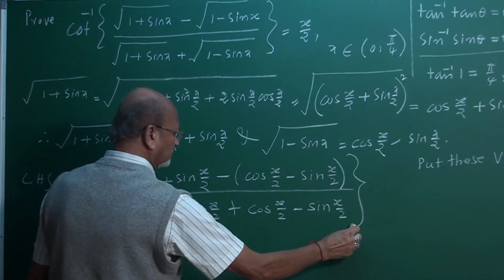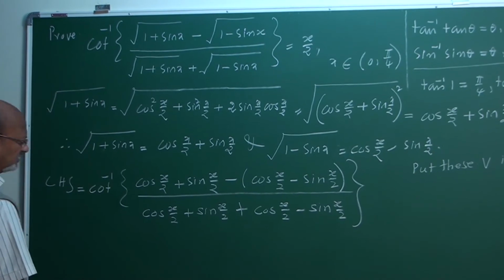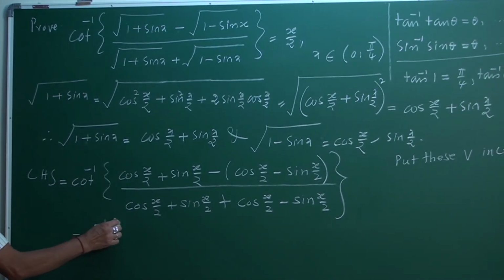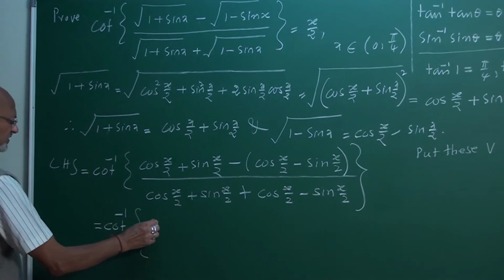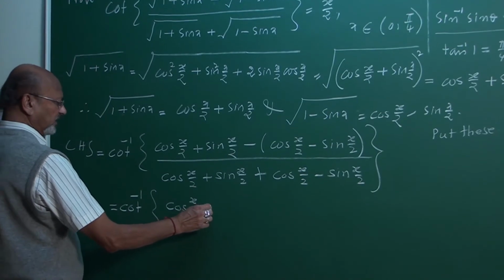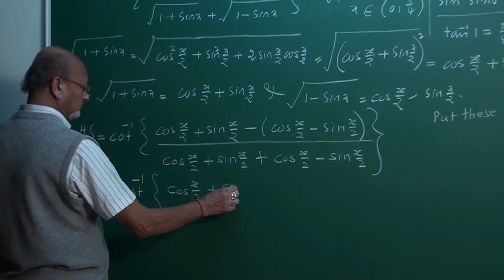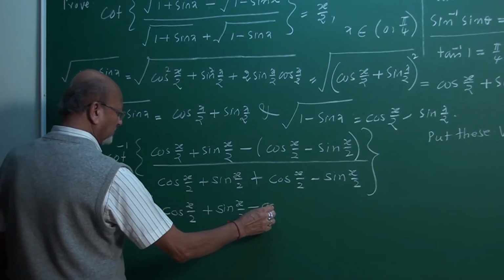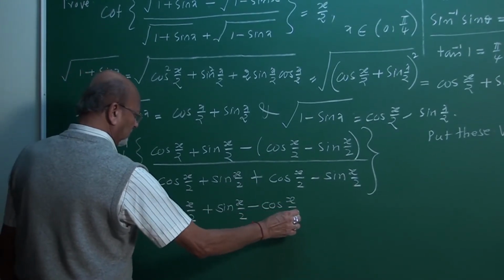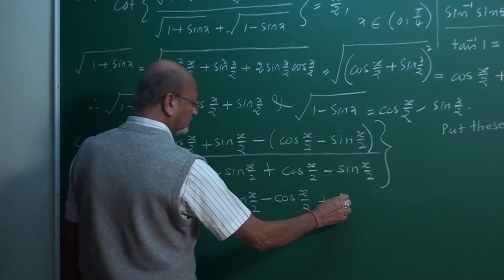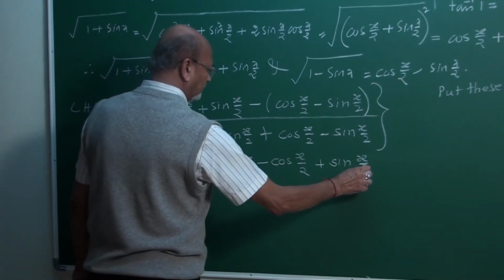Simplified, this is cot inverse of cos x by 2 plus sin x by 2, minus cos x by 2. Minus with the inside minus is plus sin x by 2.